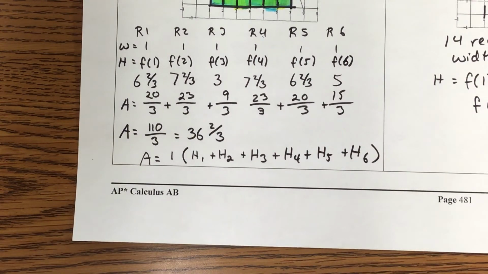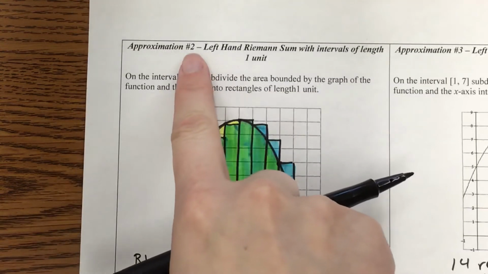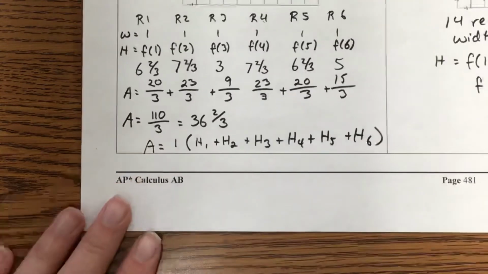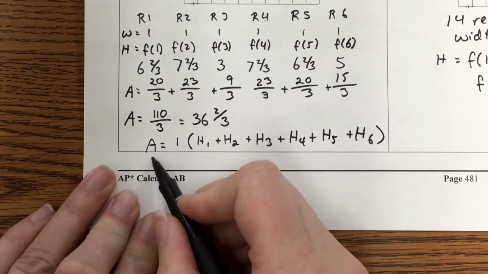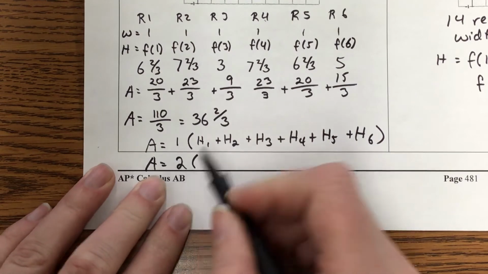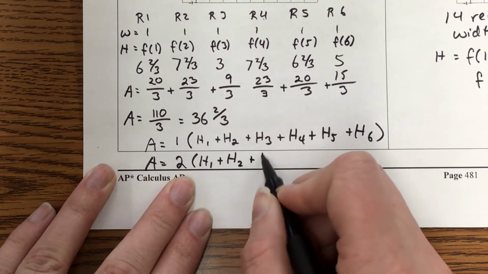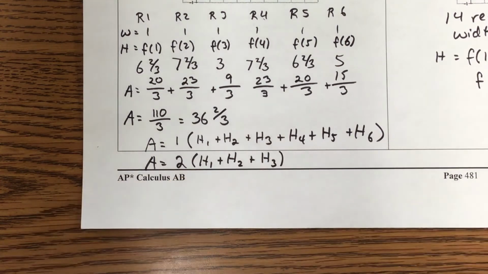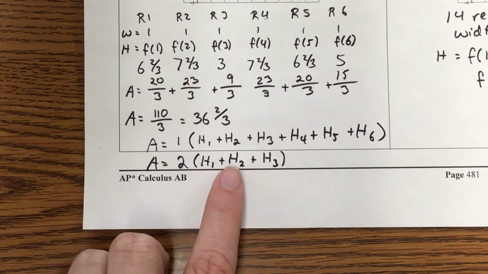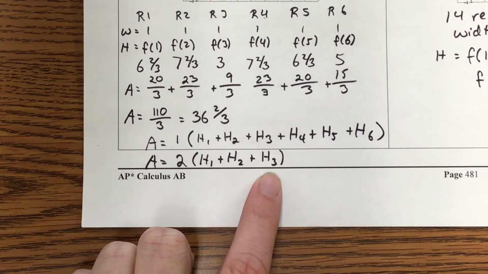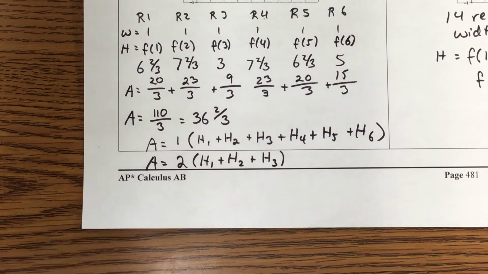In our very first approximation, they're numbered. So this is approximation number 2. And approximation number 1, our area would have been 2 times, and then we had 3 rectangles. So we would need 3 different heights. And those would be like f of 1, f of 3, and f of 5. We just factored out a 2.